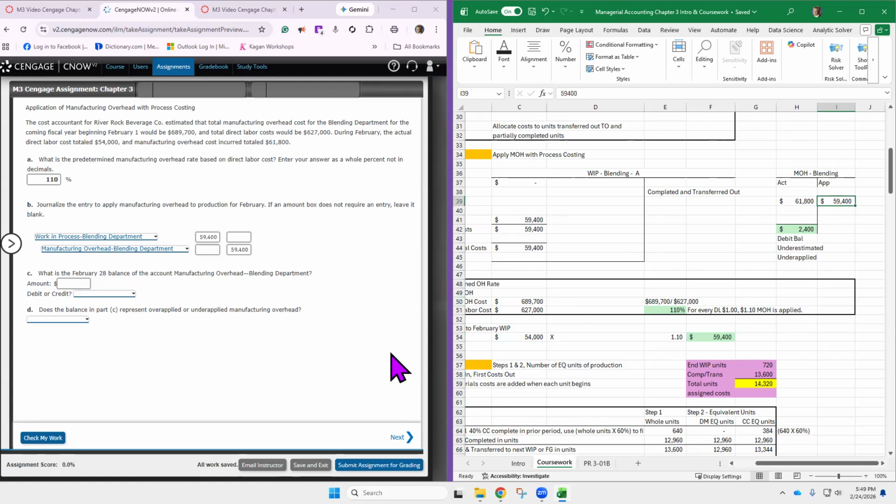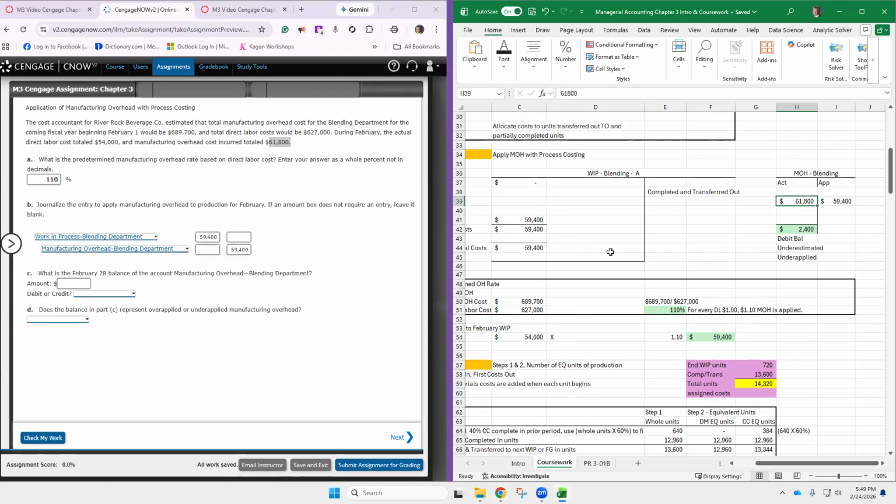Now they want to know the balance of the manufacturing overhead blending department on February 28th. The other piece we need is the actuals that happened, which are 61,800. Notice that number and the overhead applied number are pretty close.